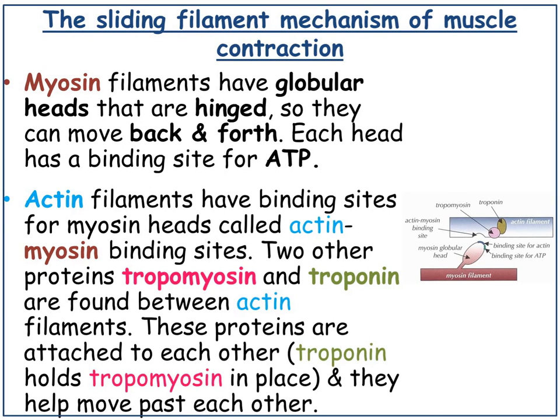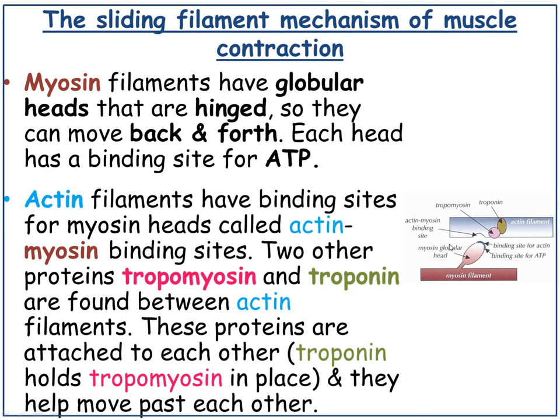So in the sliding filament mechanism, the myosin filaments have globular heads that are hinged, so they can tilt back and forward. And each has a binding site for ATP.